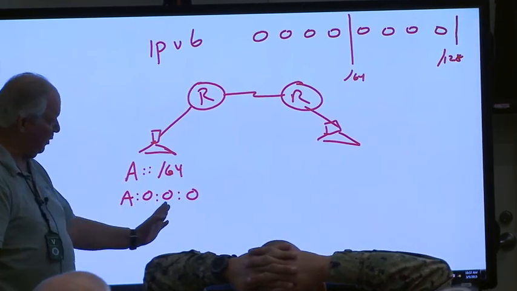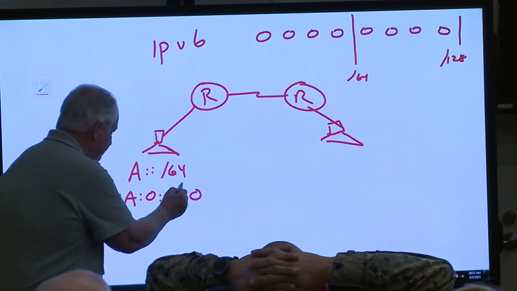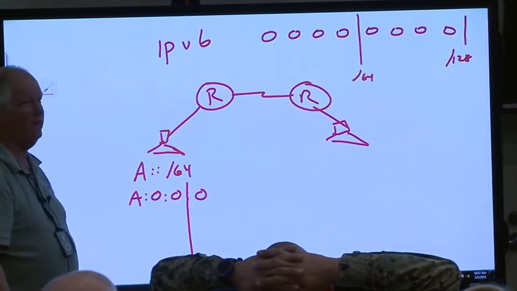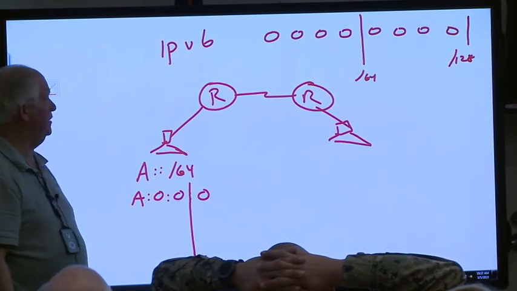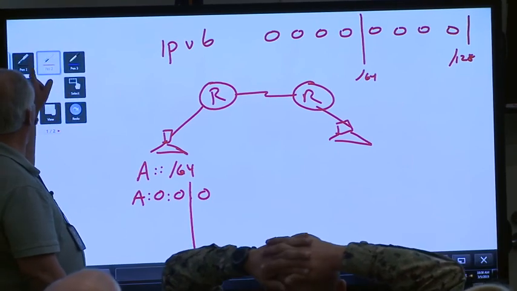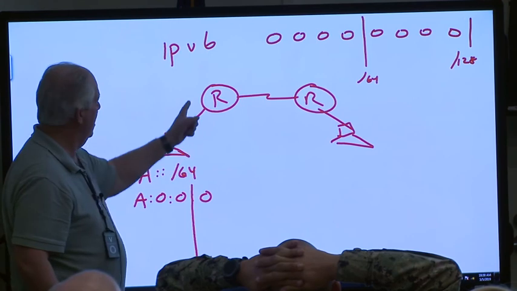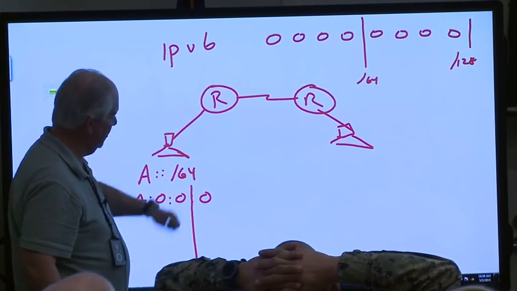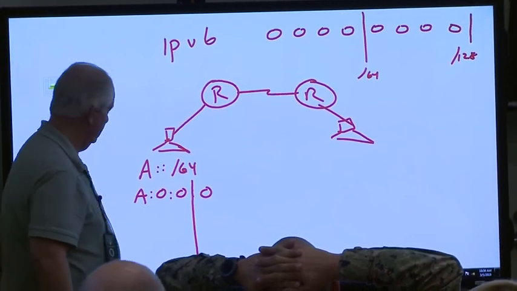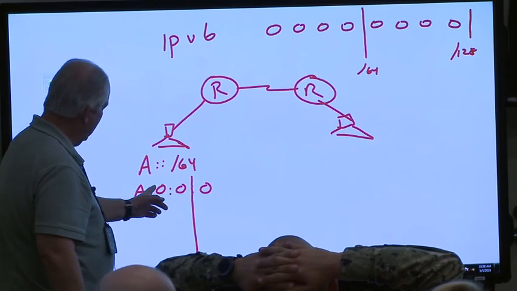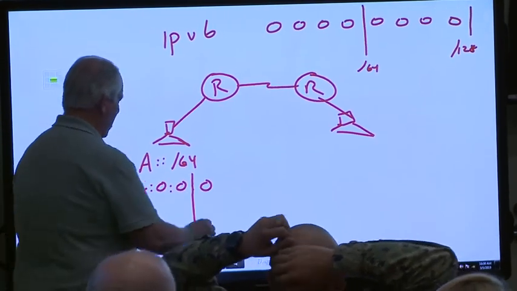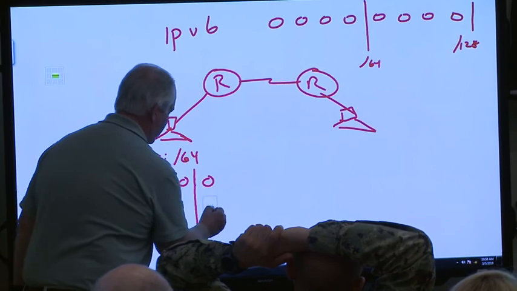So what is the important part of this? The first 3 parts of this are important. Everything to the right of that line is my subnet mask. What are the choices that I have past that red line? What could my gateway address be that's right here? Could it be A::1? Could I put a 1 in here?